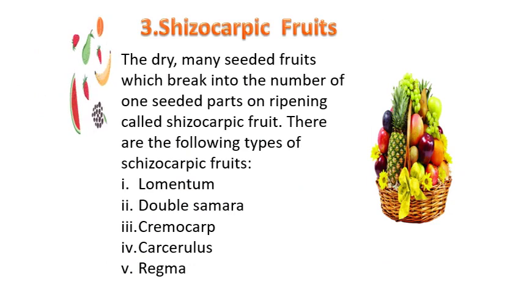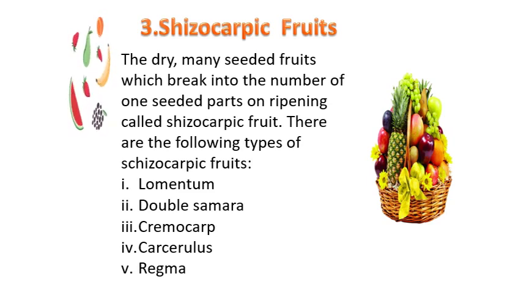Now the next type of simple dry fruit is schizocarpic fruit. So here we have a definition of schizocarpic fruit. These are dry, many-seeded fruits which break into a number of one-seeded parts on ripening. So it is called schizocarpic fruit.